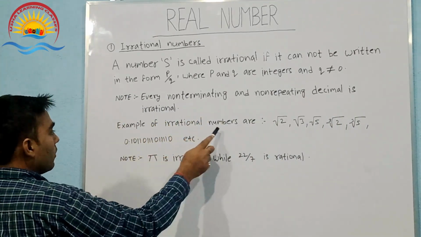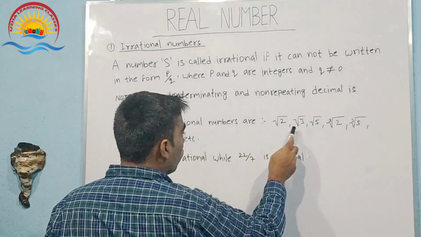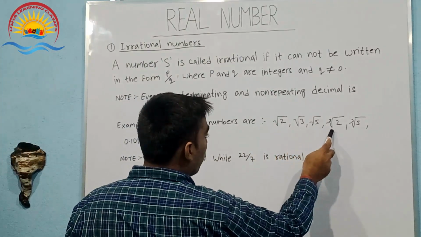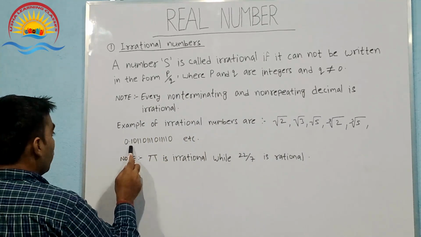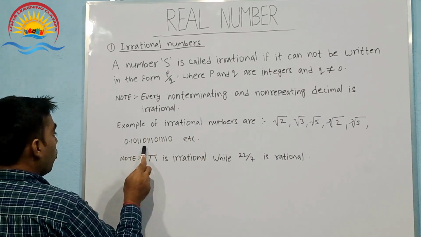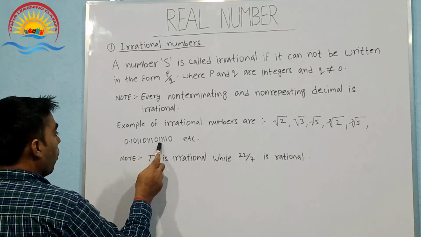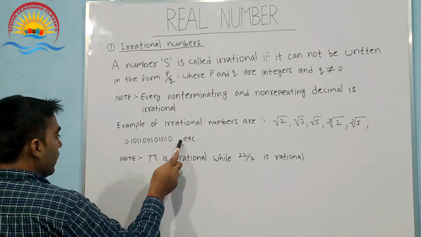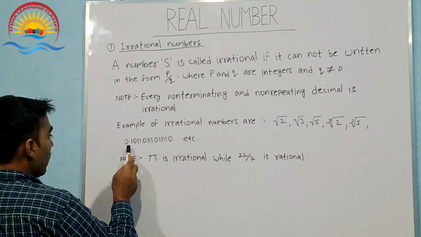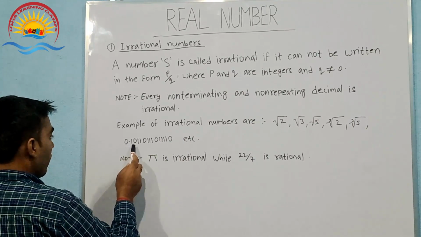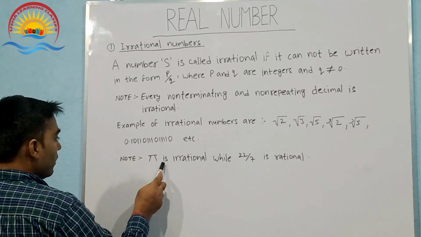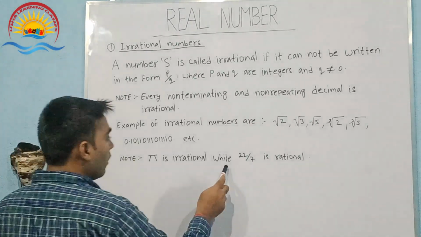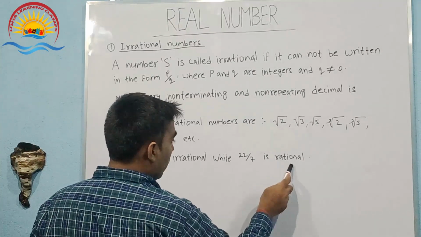Examples of irrational numbers are root 2, root 3, root 5, cube root of 2, cube root of 5 and 0.1011011101111 and so on. Here you can see it is a non-terminating and non-repeating decimal. Note, pi is irrational while 22 by 7 is rational.